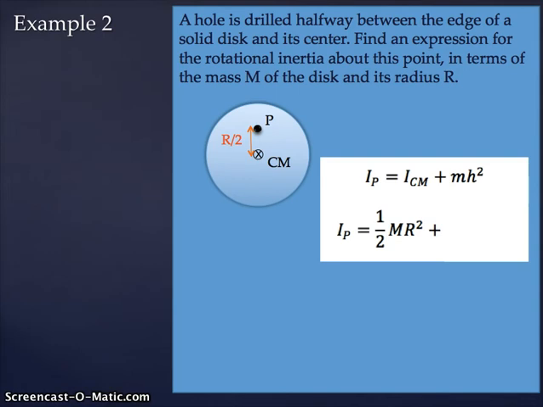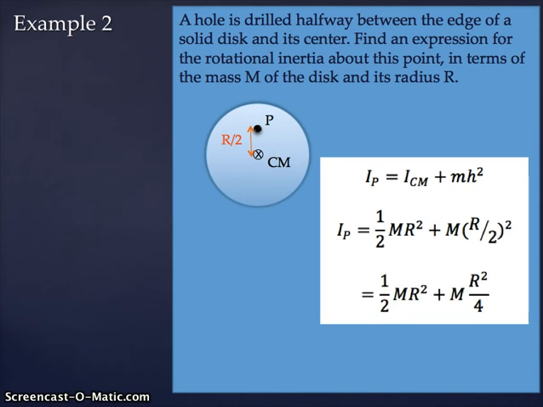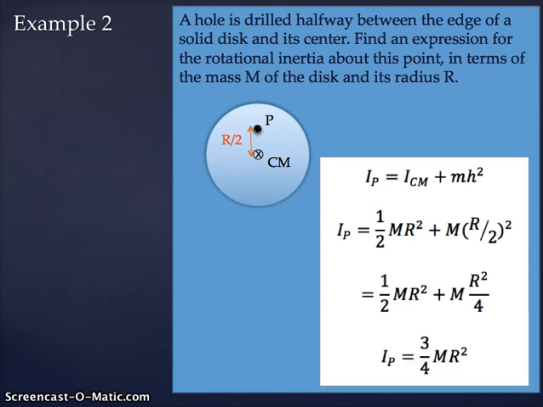And then we will add this correction factor of mh squared, where h is half the radius. A little bit of algebra, and we can see that we develop a factor of 1/4 really in that correction factor, and then adding a half and a fourth, we see that for this object now, we would use a formula of 3/4 mr squared to determine its inertia.